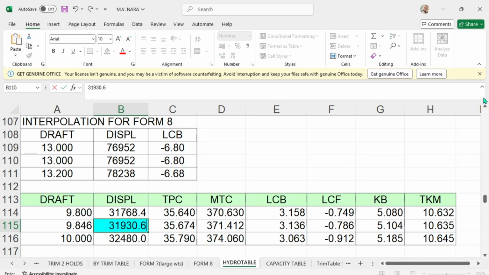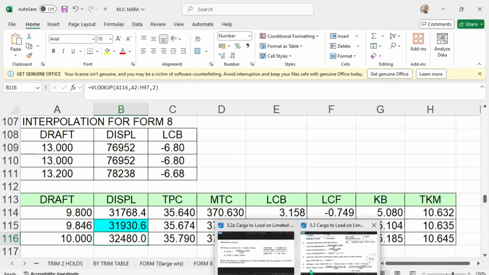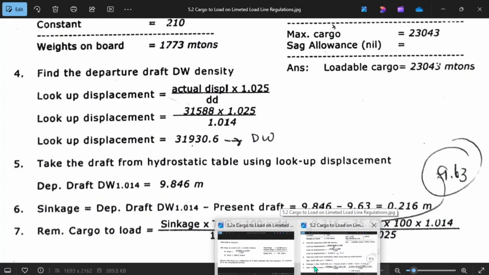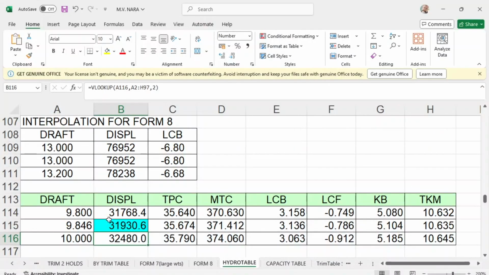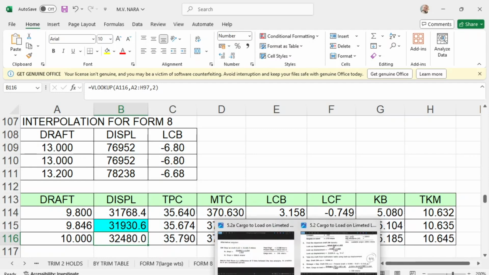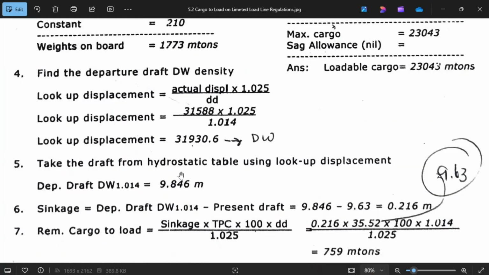Okay, then you press enter. That will be the draft. Double check, 31930.6. So your draft will be 9.846. There you have 9.846.